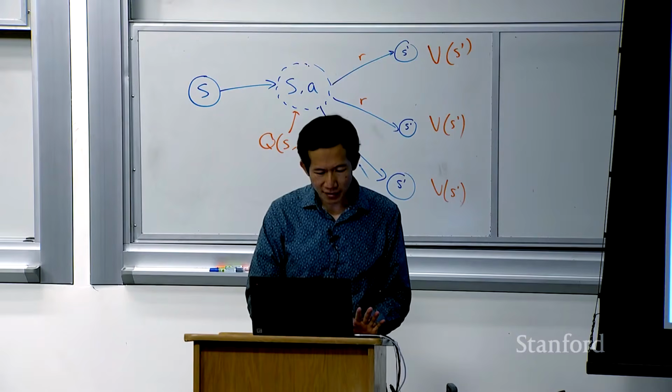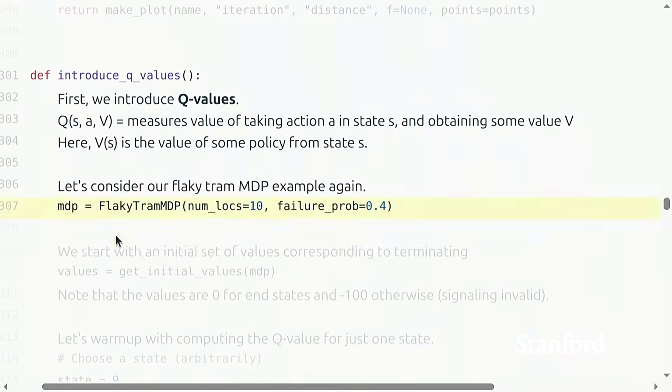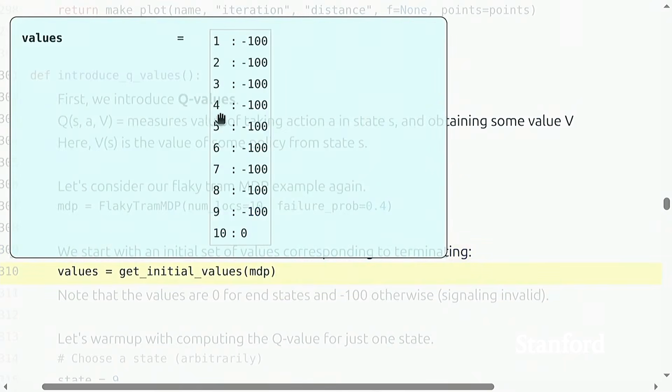So let's consider our flaky tram example again. Let's suppose we just come up with an initial set of values that corresponds to just doing nothing, essentially. For every state, if it's an end state, I get 0, because I'm done and I just get reward 0.